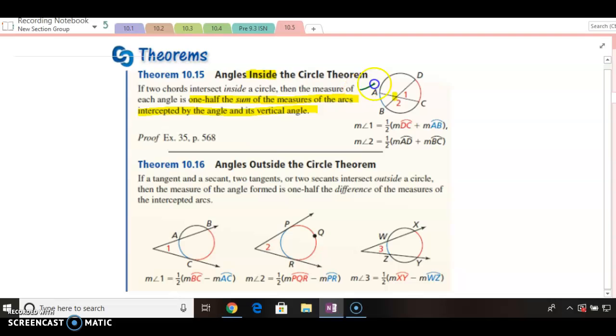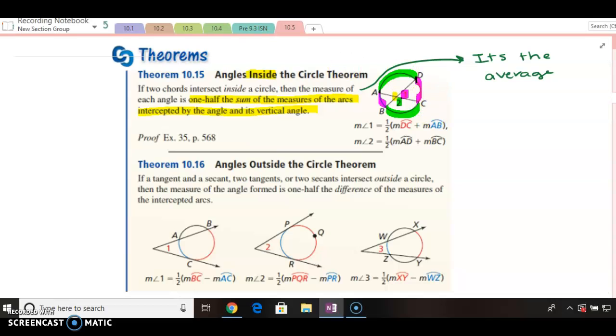This is the same thing as saying it's the average of the two intercepted arcs. So angle 1 would be 1/2 of arc DC plus arc AB, or the average of arc DC and arc AB. And then angle 2 would be the average of arc AD and arc BC.